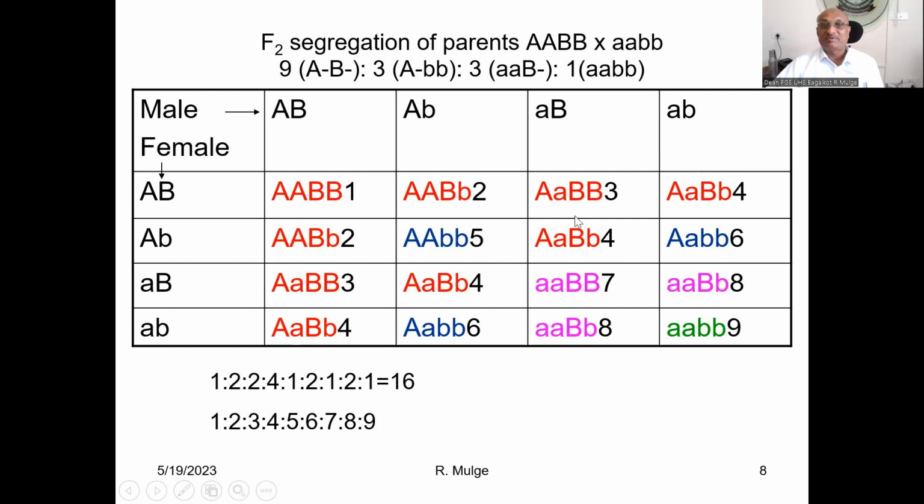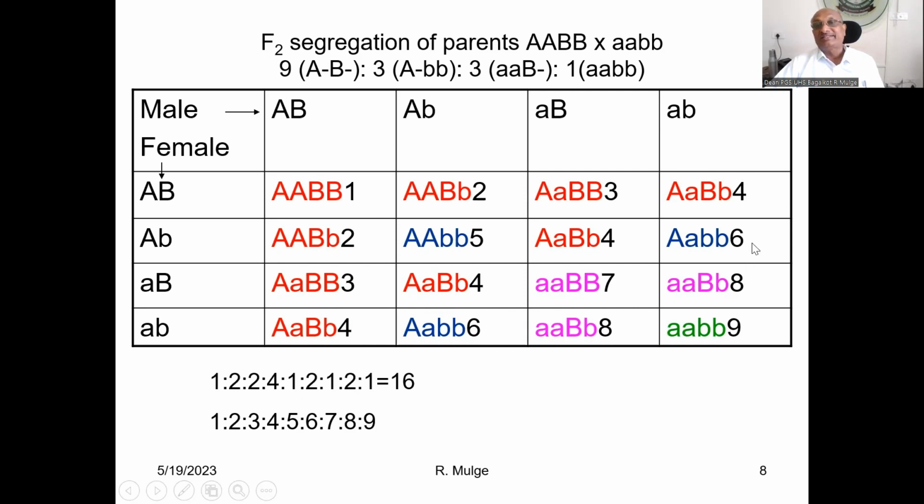Then the fifth one is first gene homozygous dominant, second gene homozygous recessive, so only one plant you will get. Now the sixth one: first gene heterozygous and second gene homozygous recessive. This is 1 and this is 1, so 2.